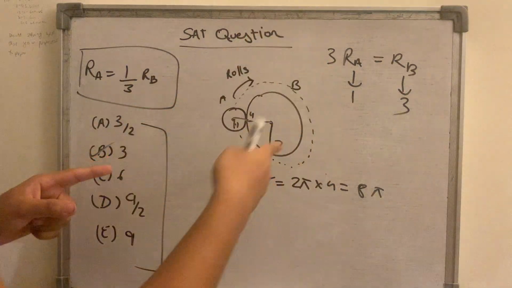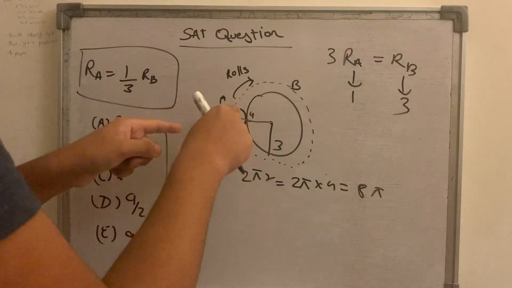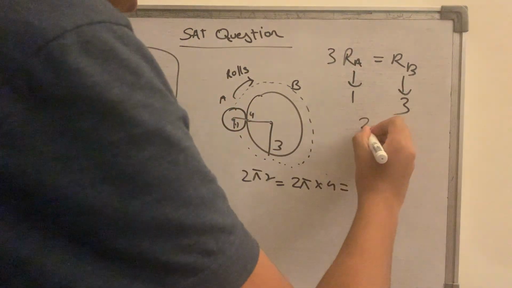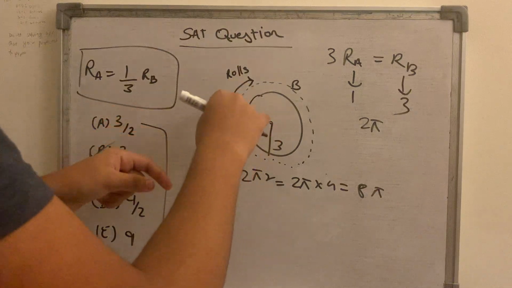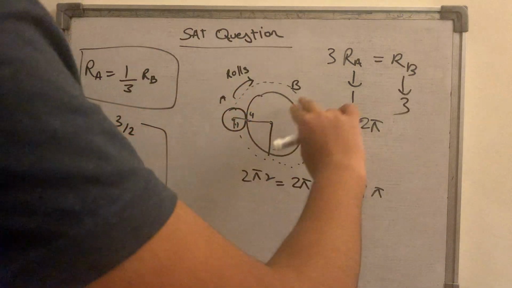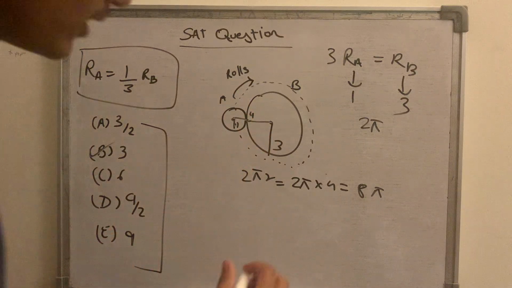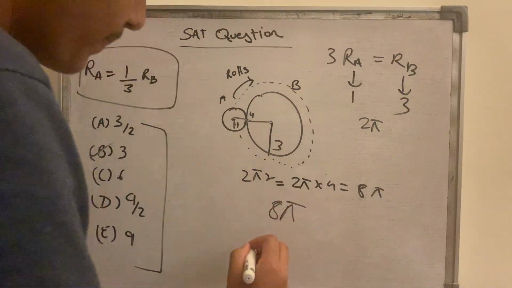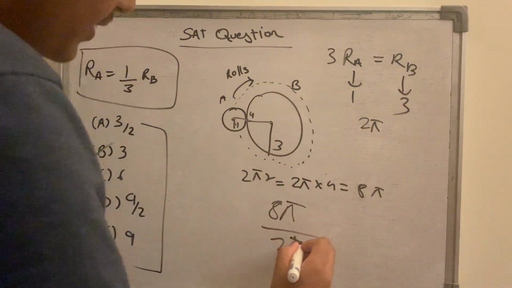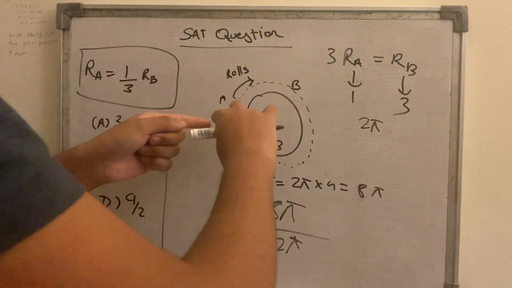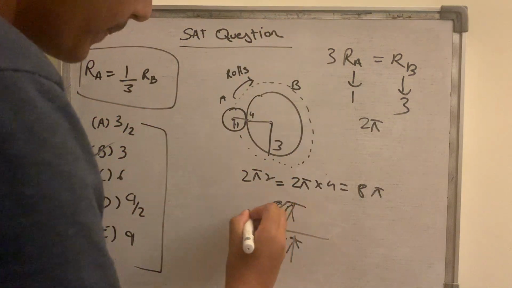Now every revolution this circle is making over here, it is covering 2 pi units of distance, because that's its circumference, right? So what we'll do, we'll divide 8 pi, that the center has to travel, by 2 pi, the distance that is traveled in every revolution, and this gives us 4, right?